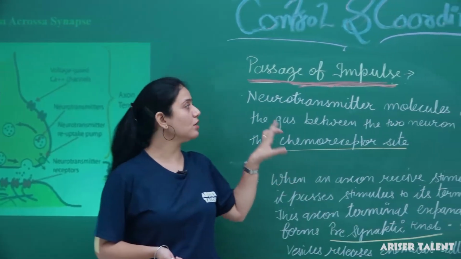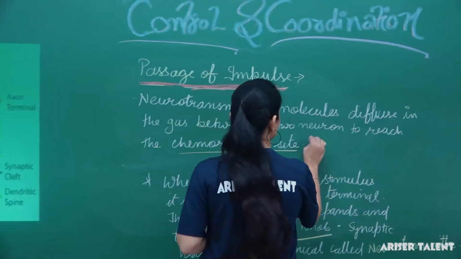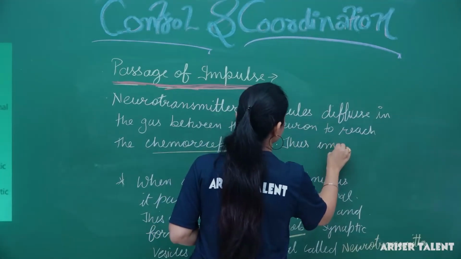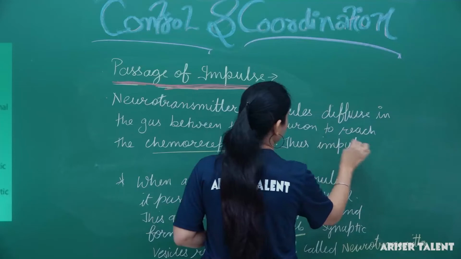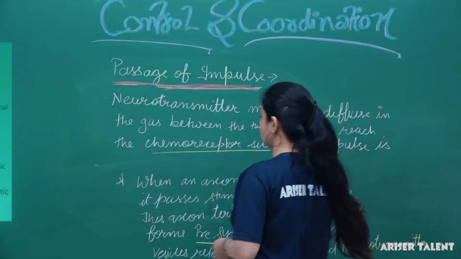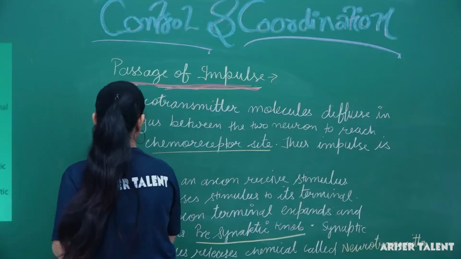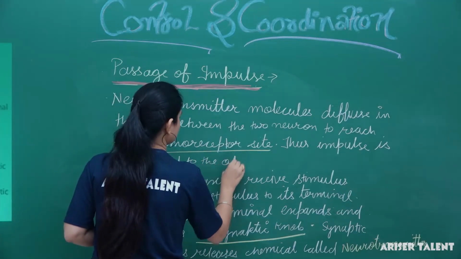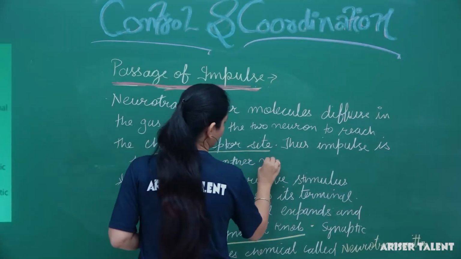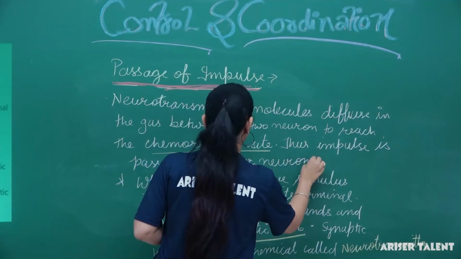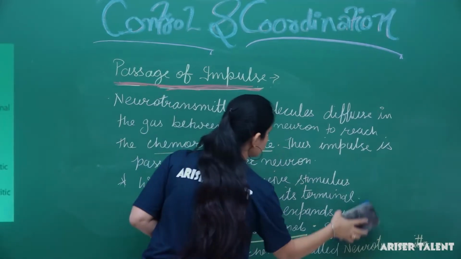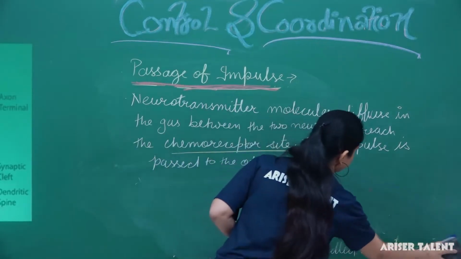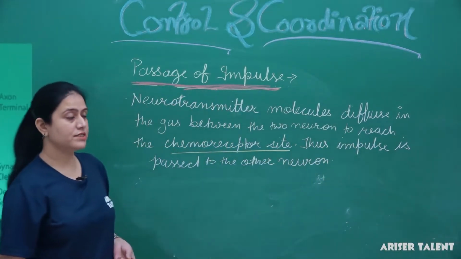So this is the passage of impulse. Thus impulse is passed to the other neuron. So this is the complete process of passage of impulse. Clear? Hope it is clear to you.